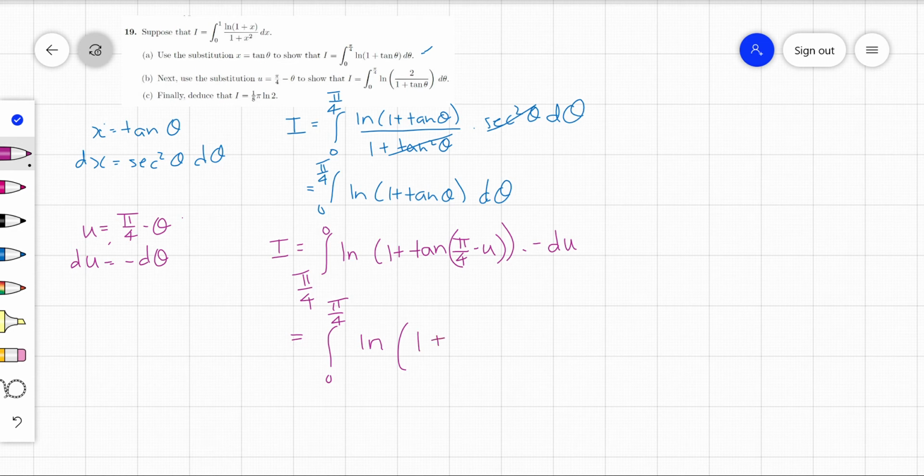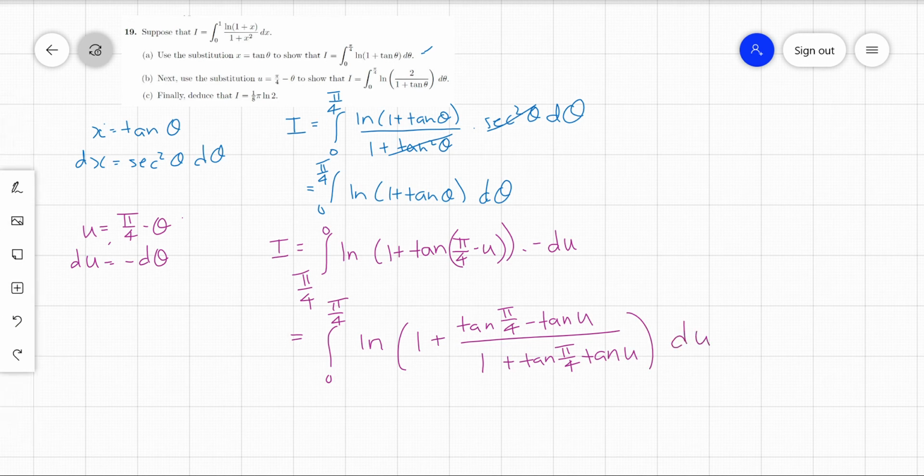Think of tan A minus B. That's tan A minus tan B all over 1 plus tan A times tan B. So we've got all of that du.